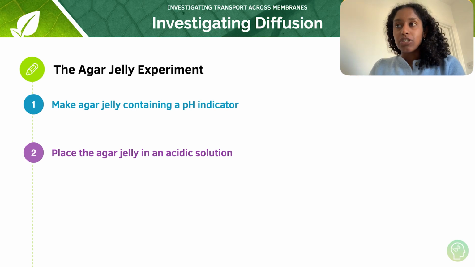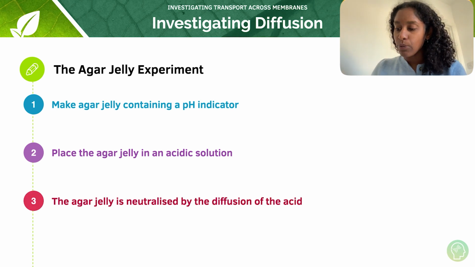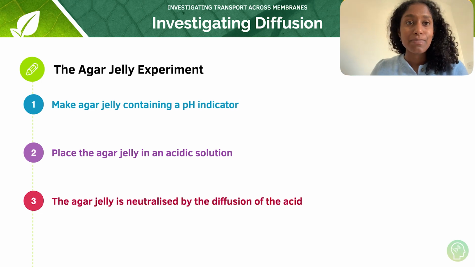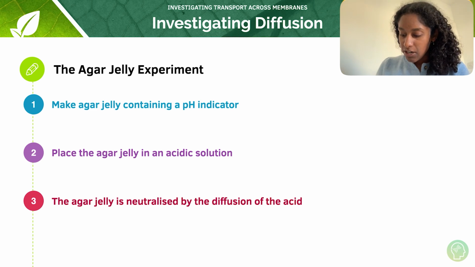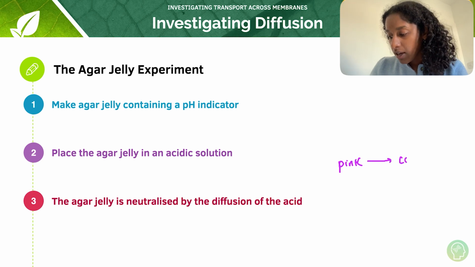Now, the acidic solution is going to slowly diffuse into the agar jelly and neutralise the alkaline solution within the agar jelly. Now, we said that phenolphthalein is our pH indicator that turns pink in alkaline solutions. So that means that the jelly is going to go from pink, when it was alkaline, slowly to a more colourless appearance.